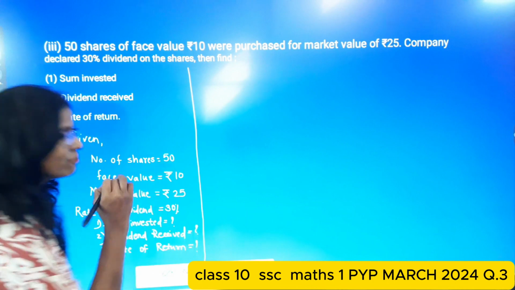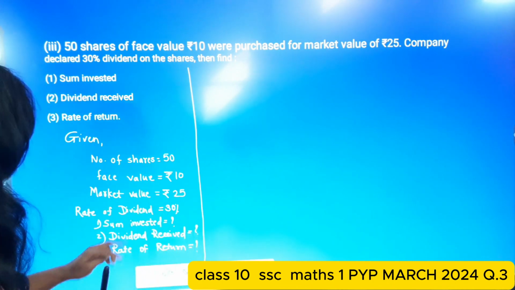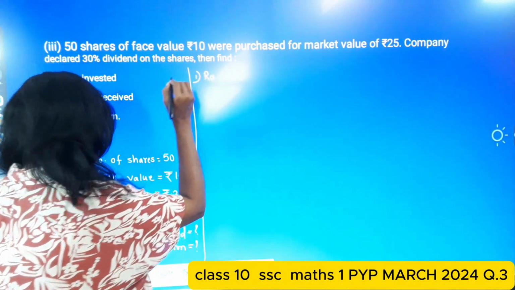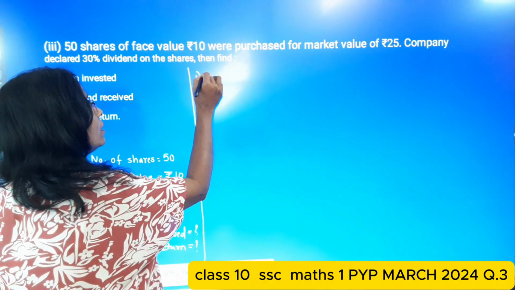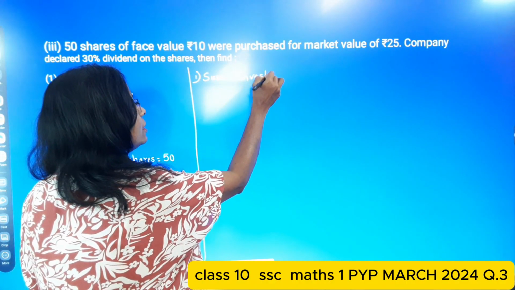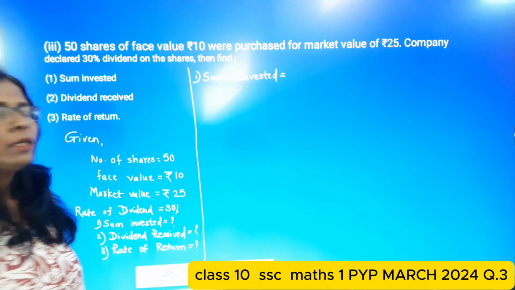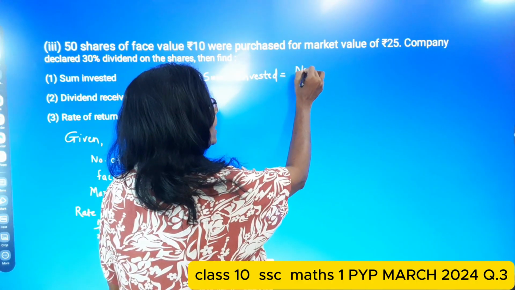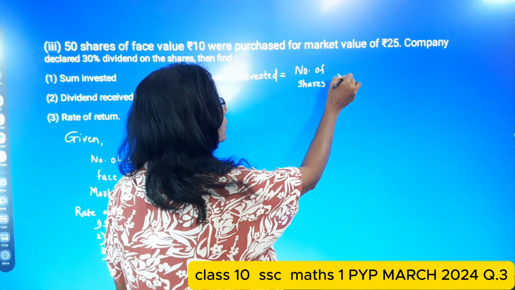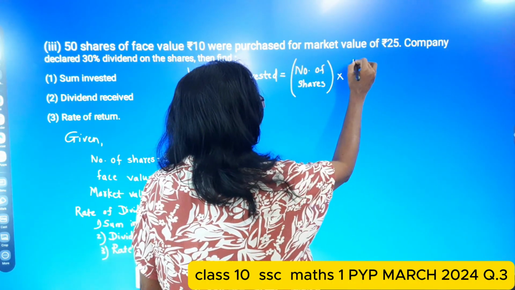So now, students, one by one we calculate it. First one is the sum invested. Sum invested depends on the market value, so the formula is number of shares multiplied by market value.